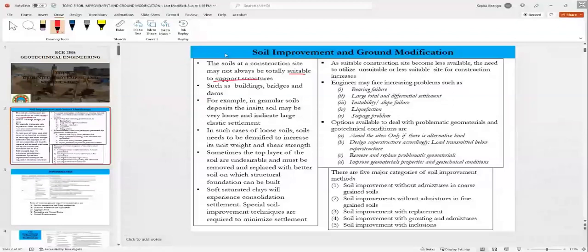Examples such as granular soil may be very loose. If they're loose, they may indicate large settlement. Let me ask you, why do you think loose soil will produce large elastic settlement?